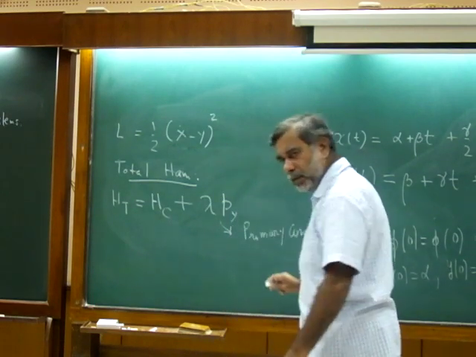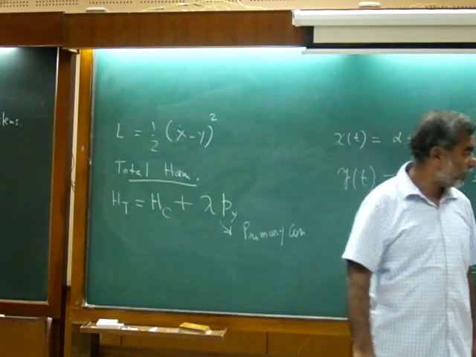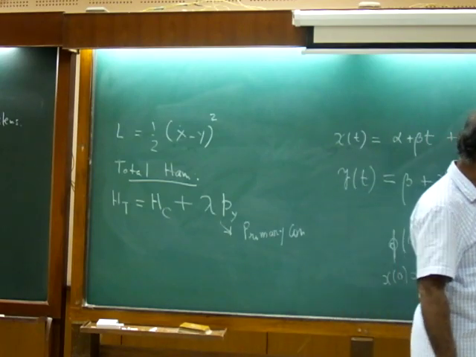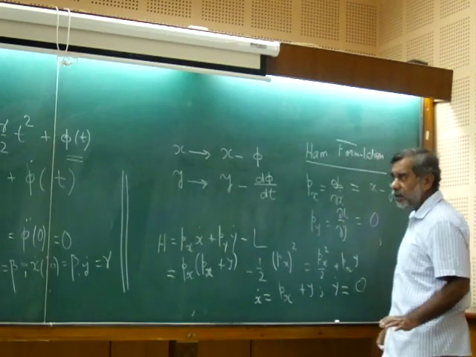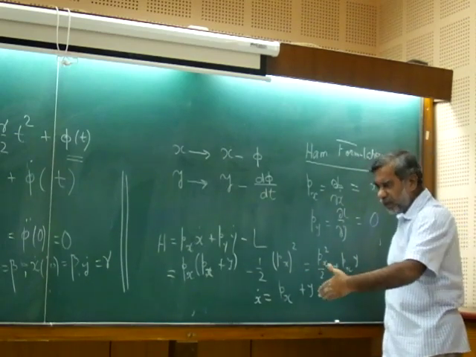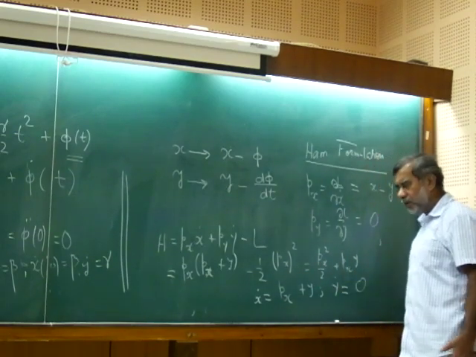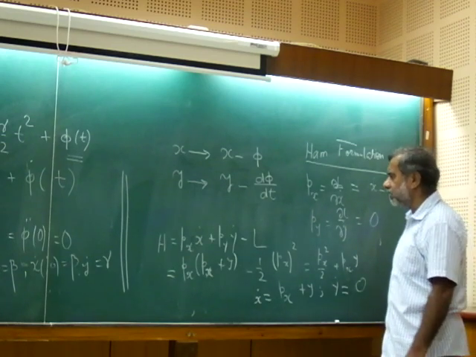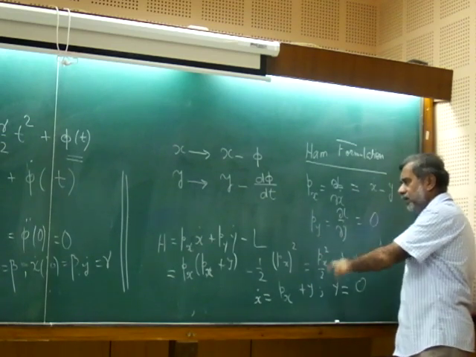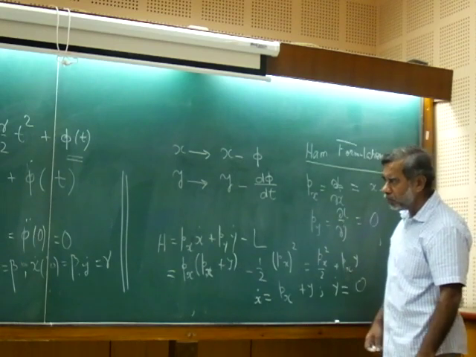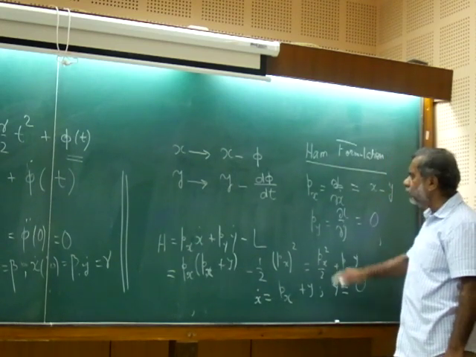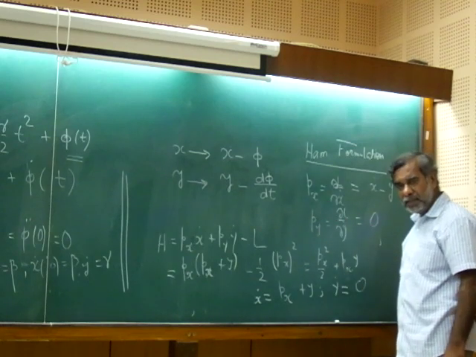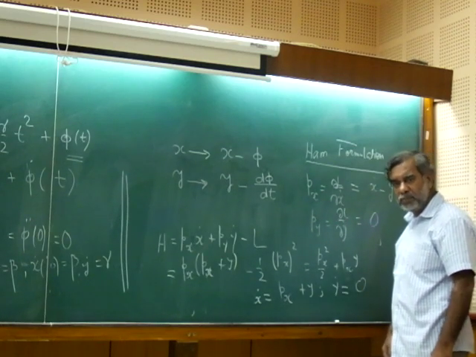What is a primary constraint? You will slowly go to a chain of constraints, so first you should learn the meaning of a primary constraint. The primary constraint is the constraint which directly follows from the definition of the canonical momenta. When you define the canonical momenta, not all of them are genuine momenta.